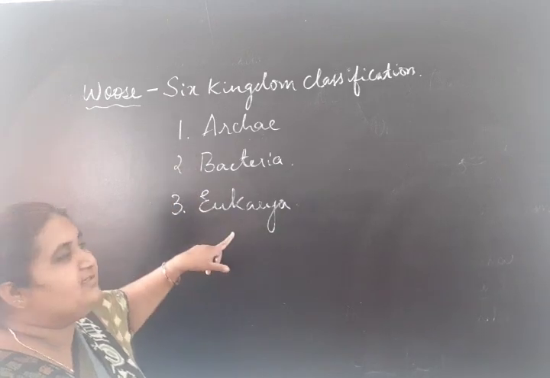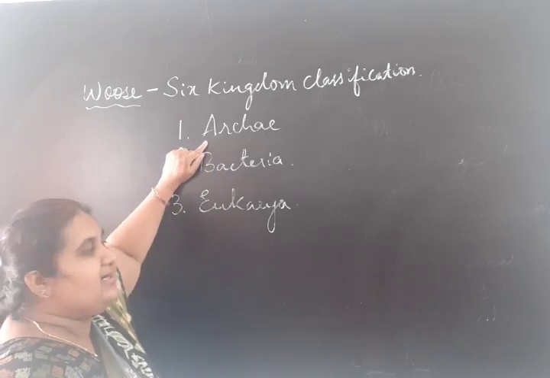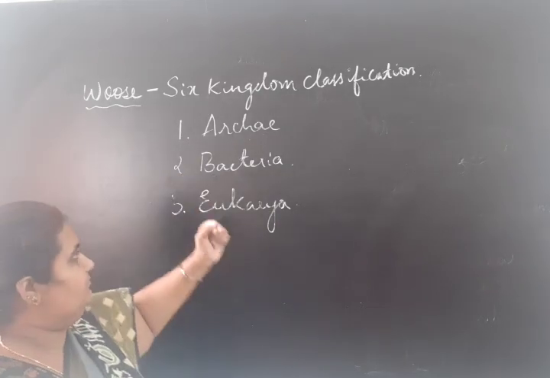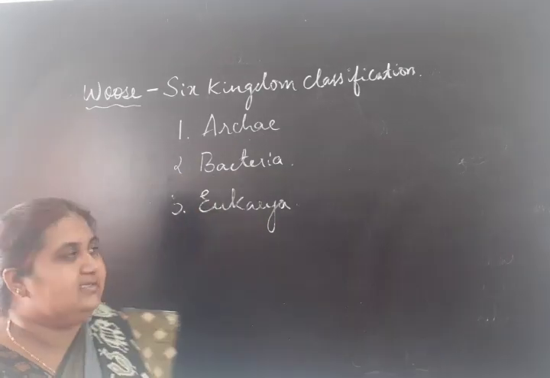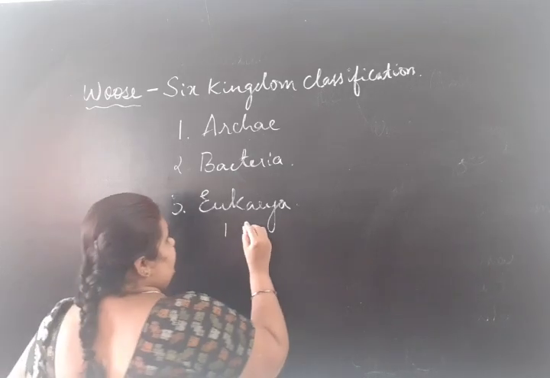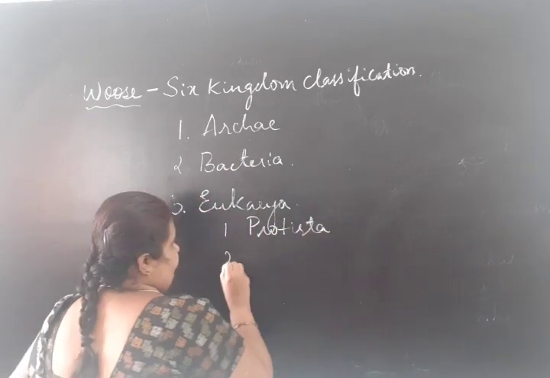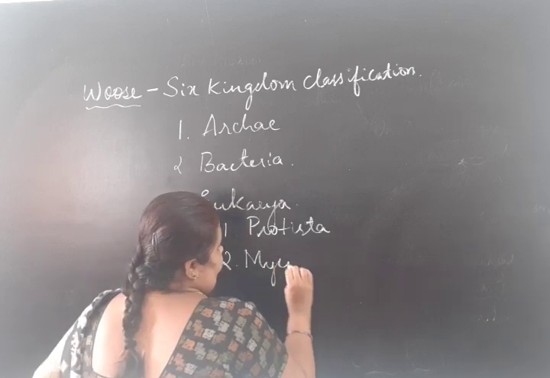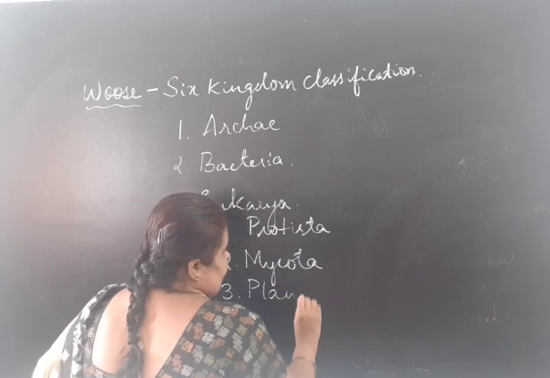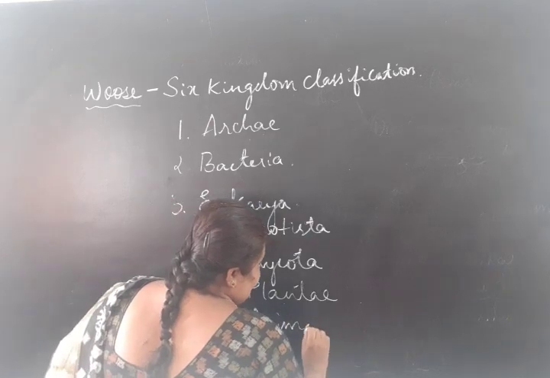And here I have written only three. It might be confusing for you all. See here, Archaebacteria he considered as one kingdom, bacteria as another kingdom, and here in Eukarya, this group includes four kingdoms. That is Protista, Mycota, Plantae and Animalia.